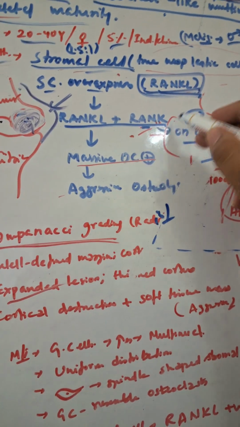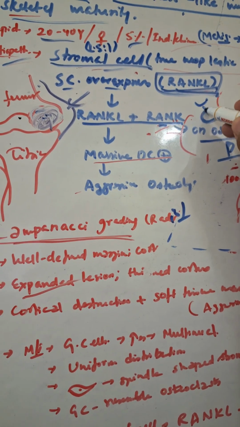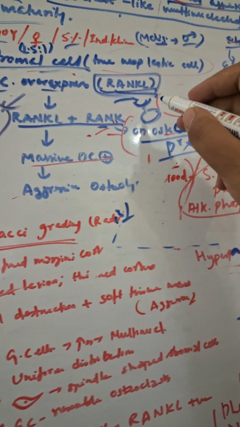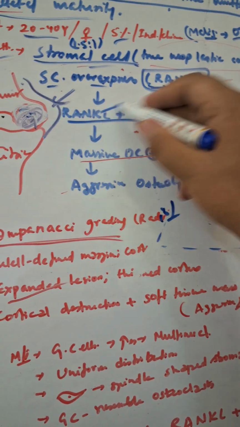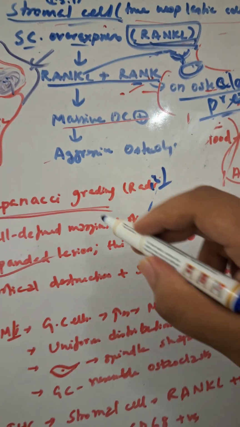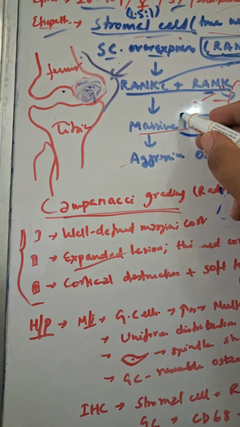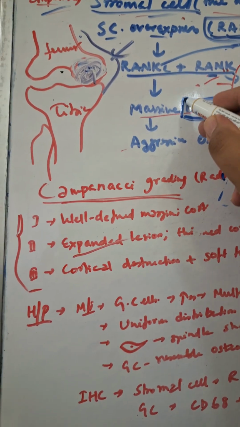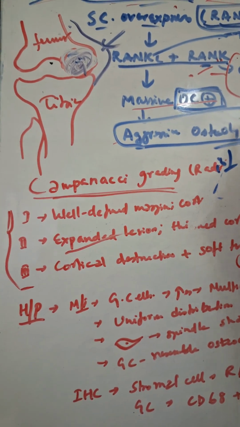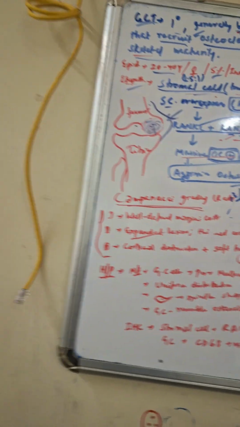Once RANKL is bound with the RANK present on the osteoclast precursor, there will be massive osteoclast activation, and this will cause aggressive osteolysis. Okay, this was the simple etiopathology.